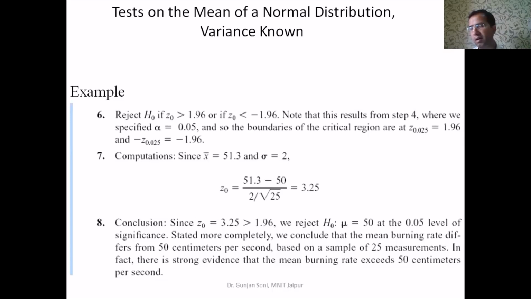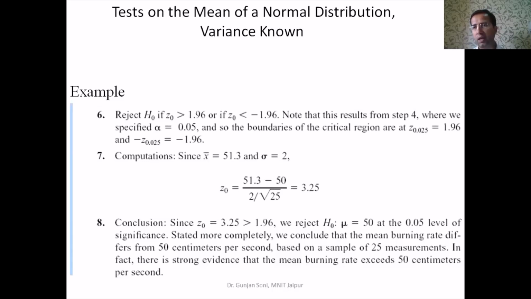We always say we have sufficient evidence to accept the null hypothesis, or we do not have sufficient evidence to accept the null hypothesis, or you can say we accept the alternate hypothesis, given the evidence that we have. So there are ways of saying it.